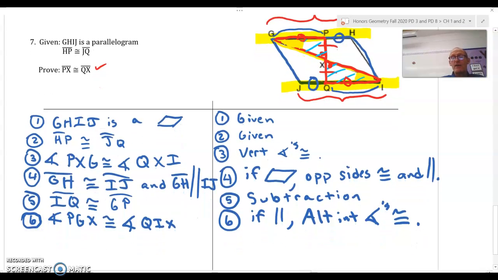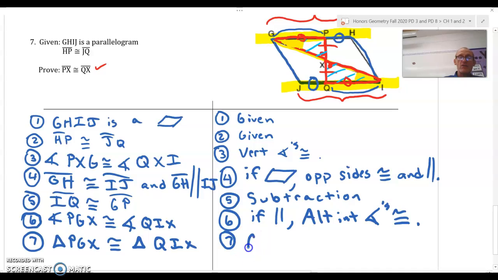Okay, so now I think the triangles are congruent by angle, angle, side. So triangle, I'm just stealing the 3 letters here, PGX is congruent to triangle QIX. And that's angle, angle, side. Now the first angle was the vertical angles, which is step 3. Now the second angle is step 6, which were the alternate interior angles.